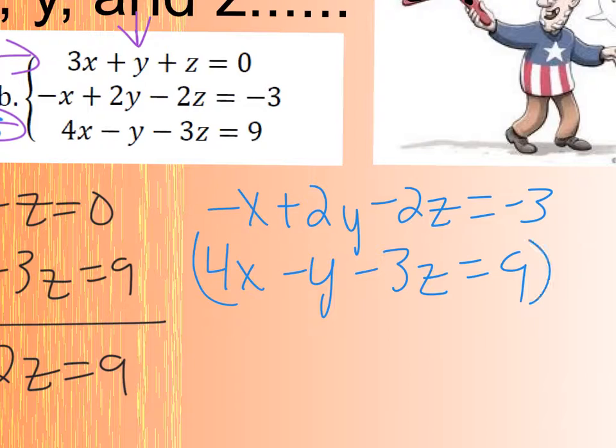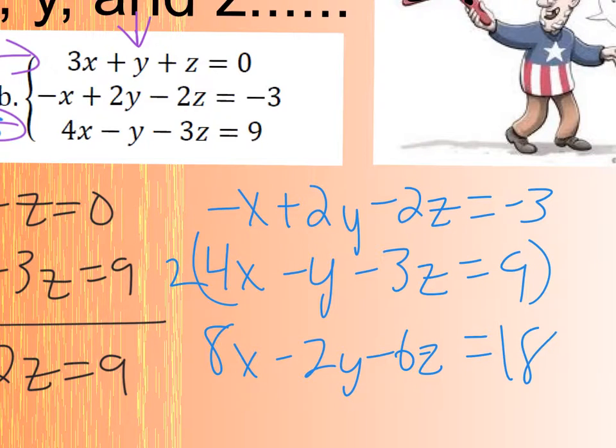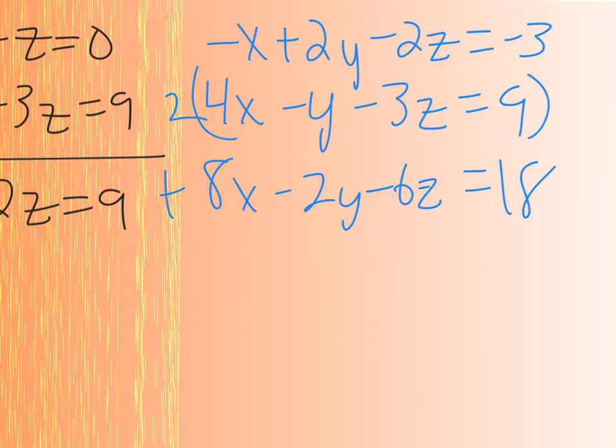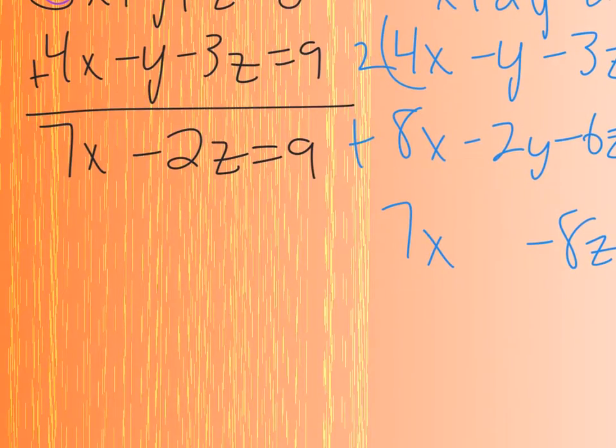So if I double this, 8x minus 2y minus 6z equals 18. So then I'm going to add the top one here. So I'm going to get 7x minus 8z equals 15. So now I've got these two together, okay?